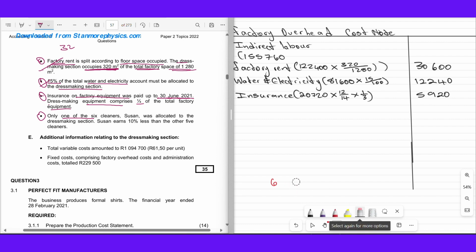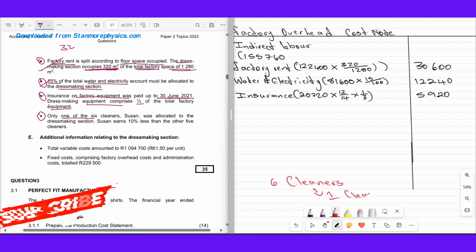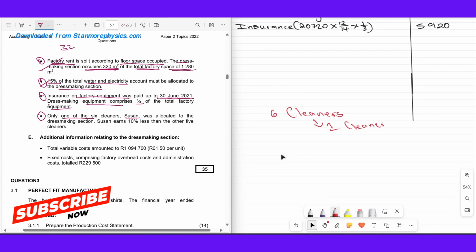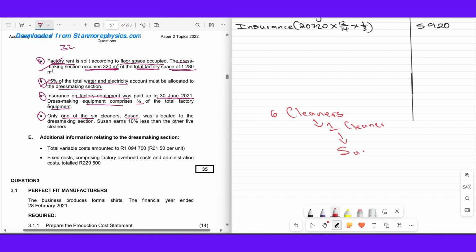But only one cleaner, Susan, was allocated to the dressmaking section.